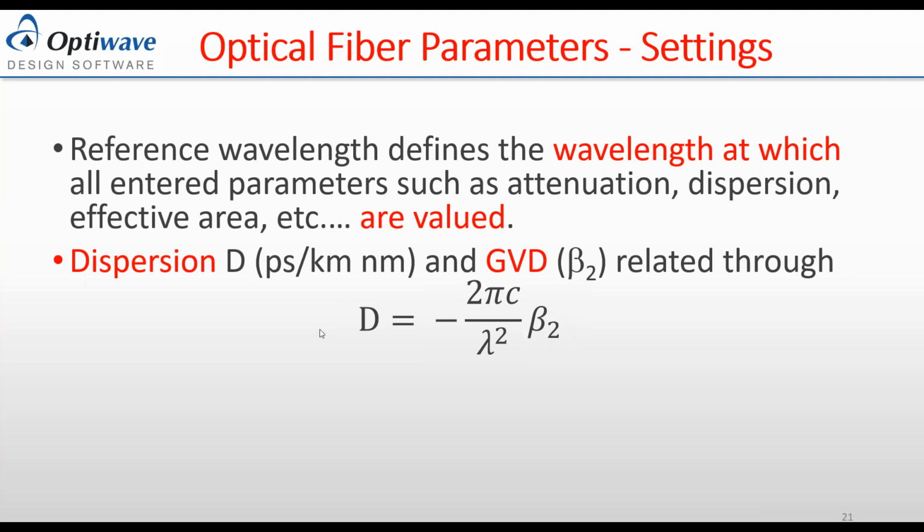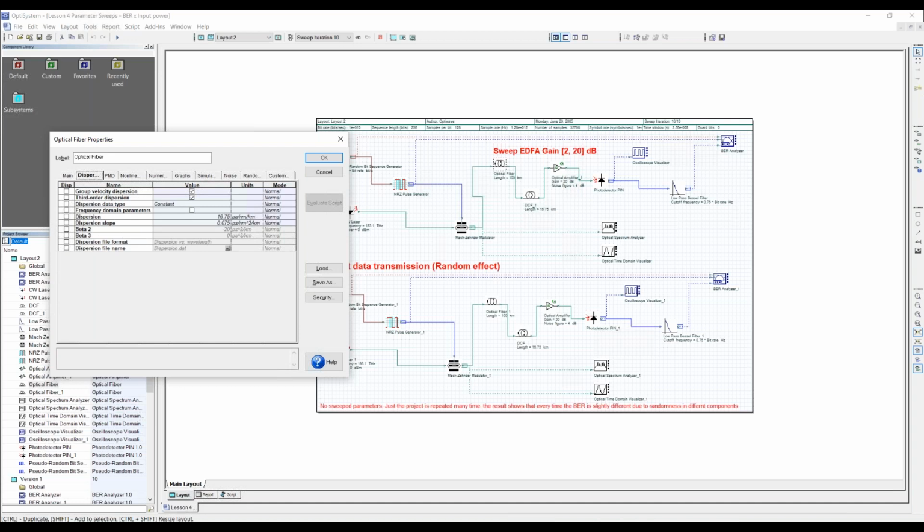So beta 2 is calculated from the dispersion value at 1550, with this lambda and the speed of light, and then you get beta 2. So beta 2 will not be -20, but the exact value, evaluated at 16.75.